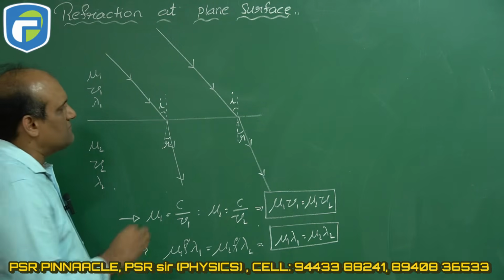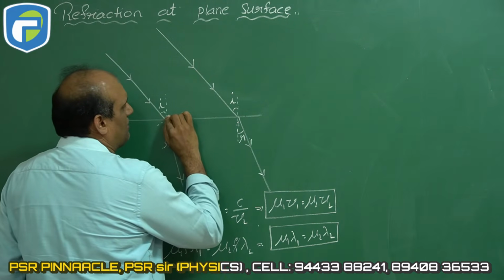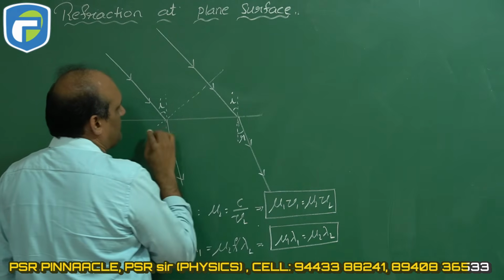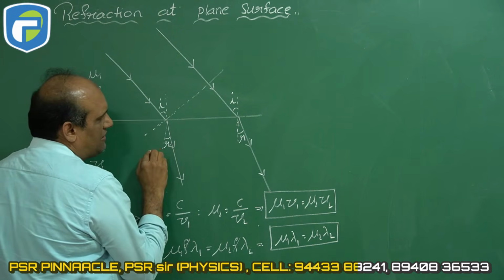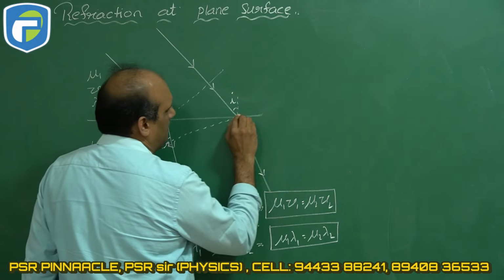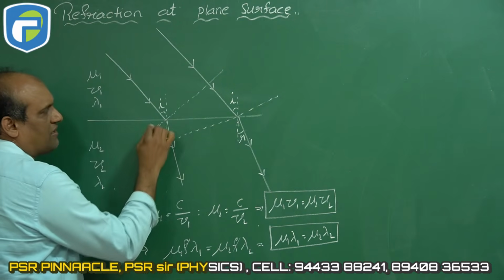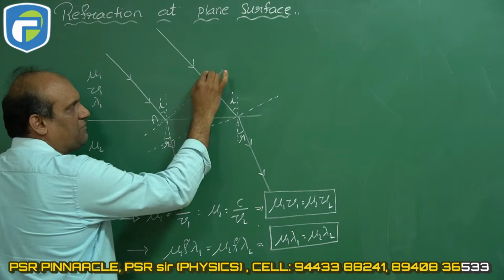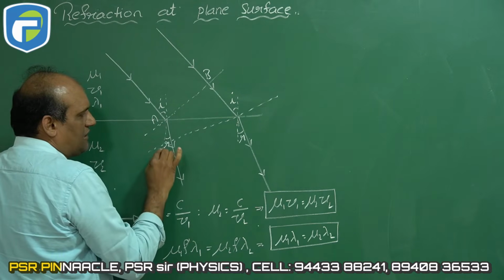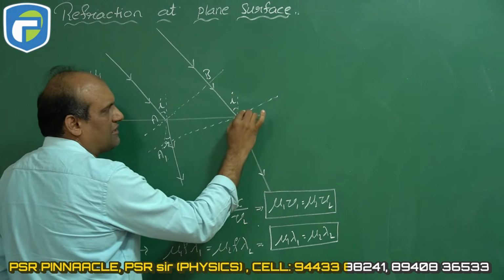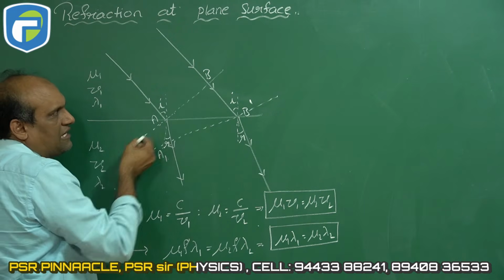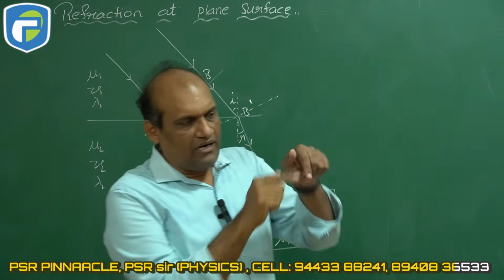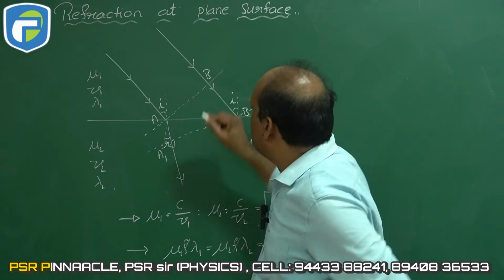Here you see, you drop a normal here. So here is the normal and here this is the normal. I am going to name this as AB, A dash or A1, B1. AB is like a normal drawn to the two parallel light rays.